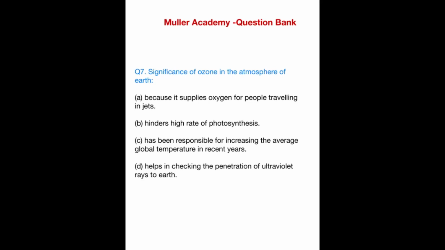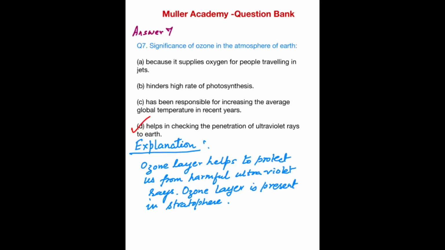The seventh question is: what is the significance of ozone in the atmosphere of Earth? Because it supplies oxygen for people traveling in jets, hinders high rate of photosynthesis, has been responsible for increasing the average global temperature in recent years, or helps in checking the penetration of UV rays to the earth.